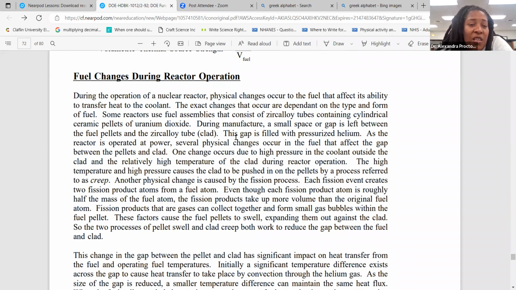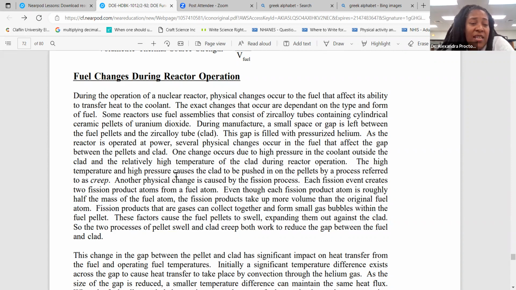Some reactors use fuel assemblies that consist of zircaloy tubes containing cylindrical ceramic pellets of uranium dioxide. And during manufacture, a small space or gap is left between the fuel pellets and the zircaloy tube or clad. And this gap is filled with pressurized helium.